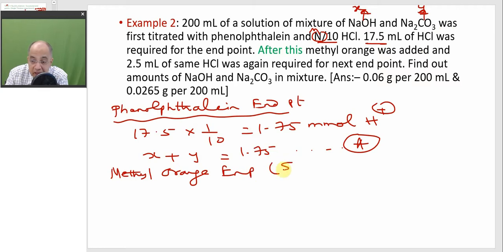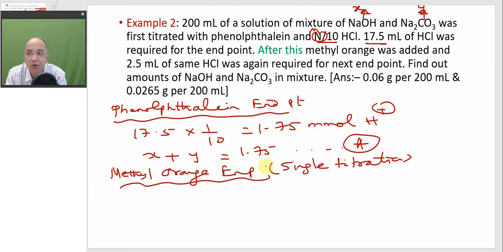And this is a single titration. Let me remind you. So what is left out? Tell me what is left out. Just hold it, pause it and tell me what is left out. All sodium hydroxide is gone. It's not another experiment. All sodium hydroxide is gone. And sodium carbonate is half neutralized, so sodium bicarbonate is there.